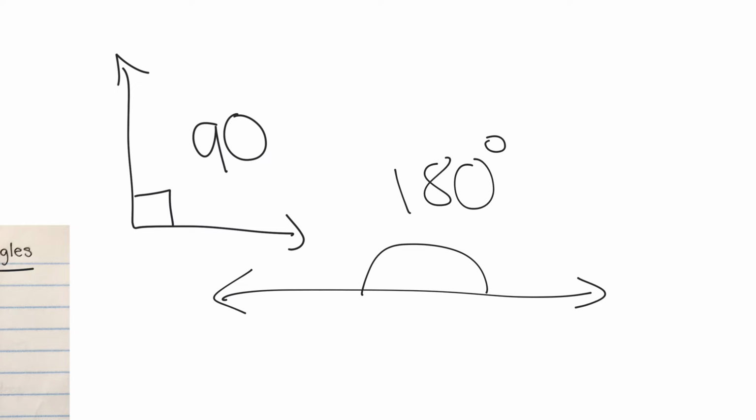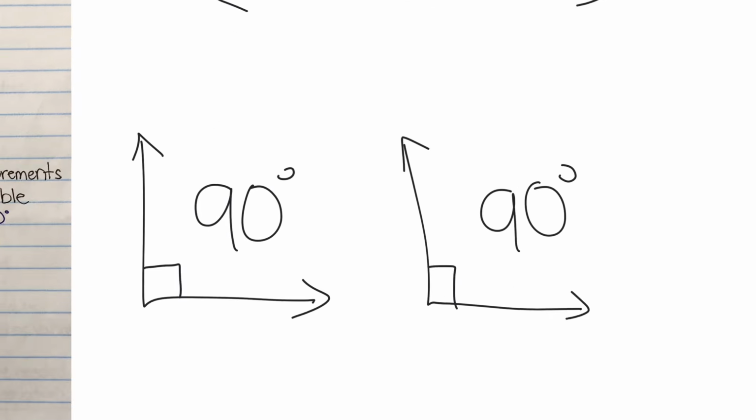Sometimes, like you'll see on our classwork, they might give us a right angle like this, but they might go crazy and split it up into 3.